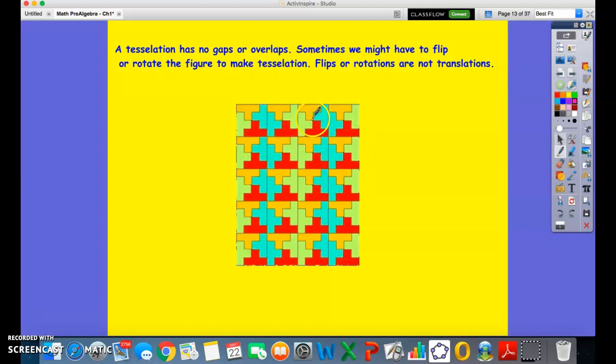Rotation is not a translation, right? So for the exercise, there are a few questions asking whether you can make the tessellation using translation. If you need to rotate the figure to make the tessellation, then it's not a translation. That's basically it.